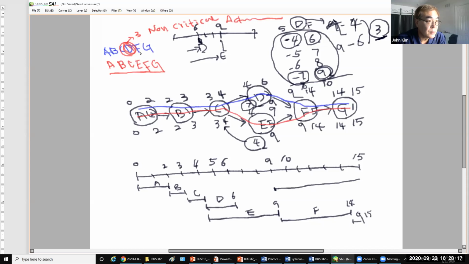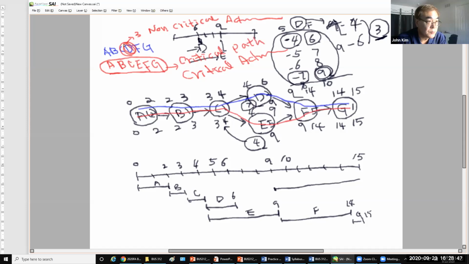Others, if they don't have slack, are critical activities. On a path where all activities are critical activities, this is a critical path.